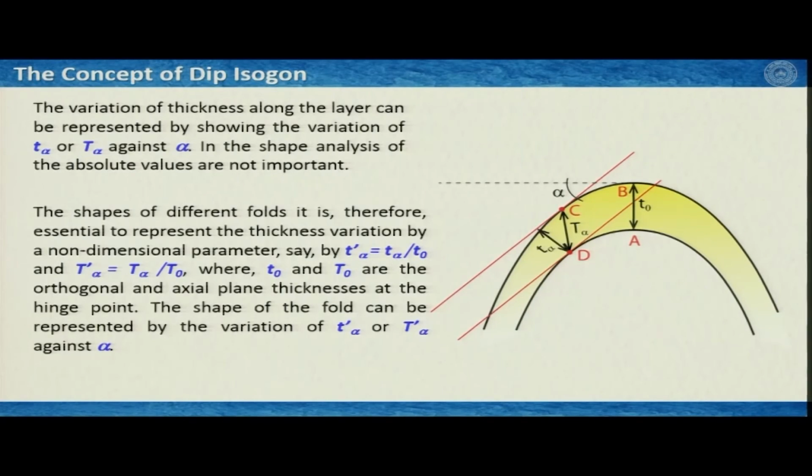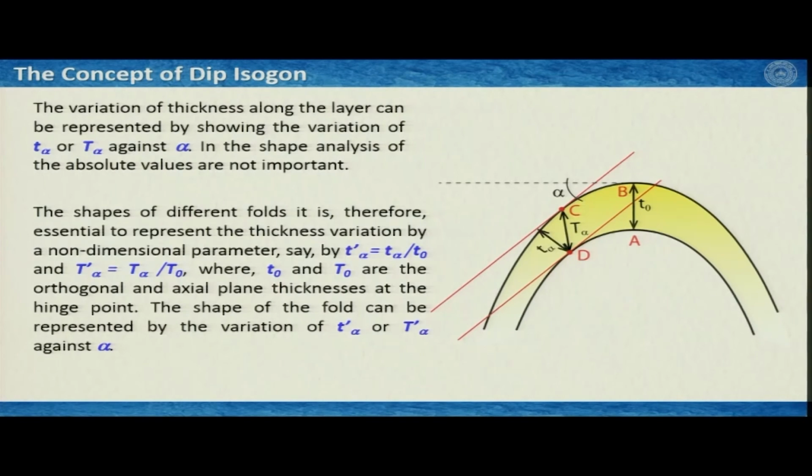So, absolute values are not important here, because all of them will be in the form of ratios. Therefore, to compare the shapes of the different folds, it is essential to represent the thickness variation by a non-dimensional parameter.